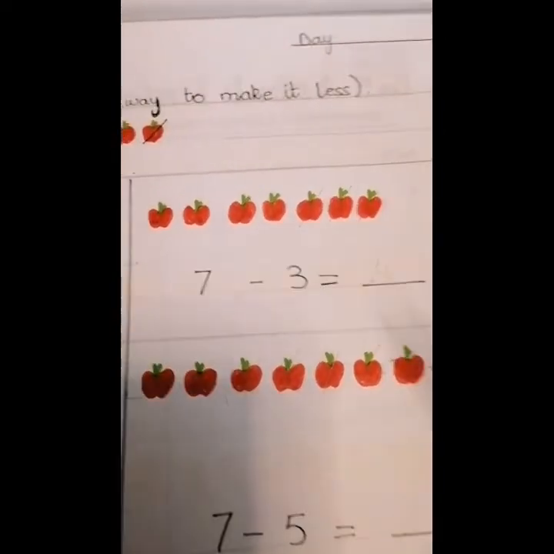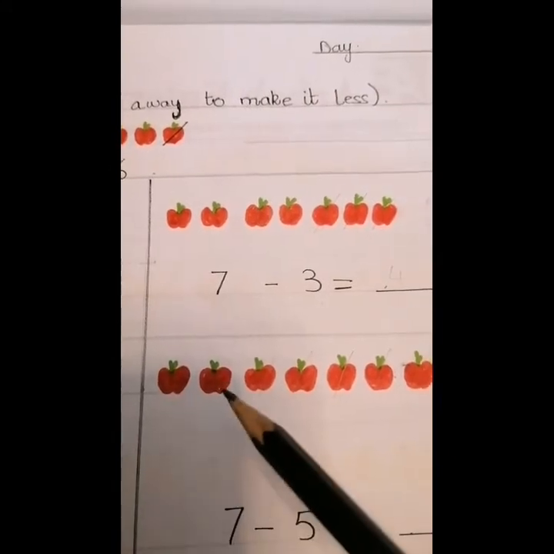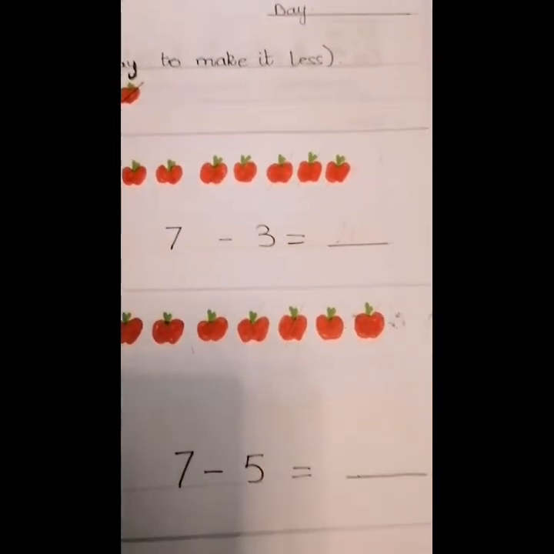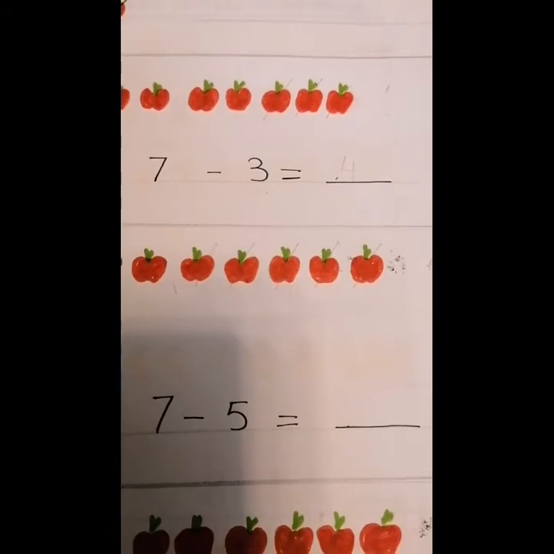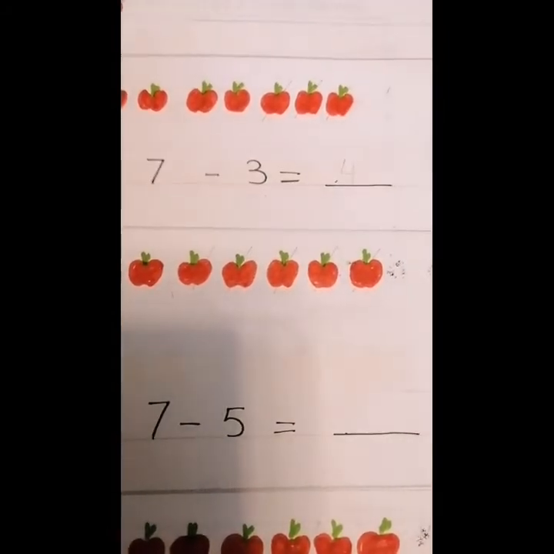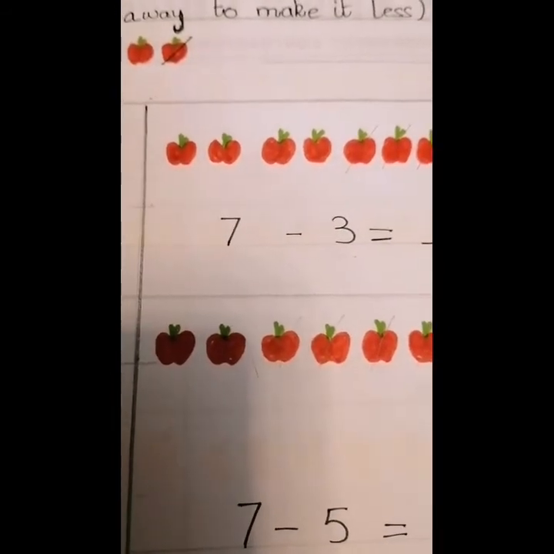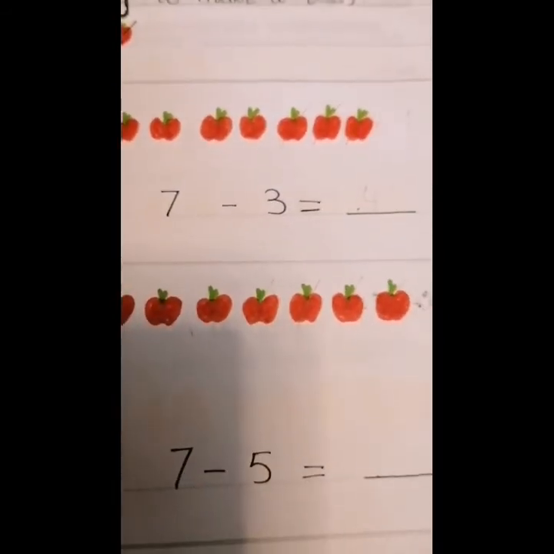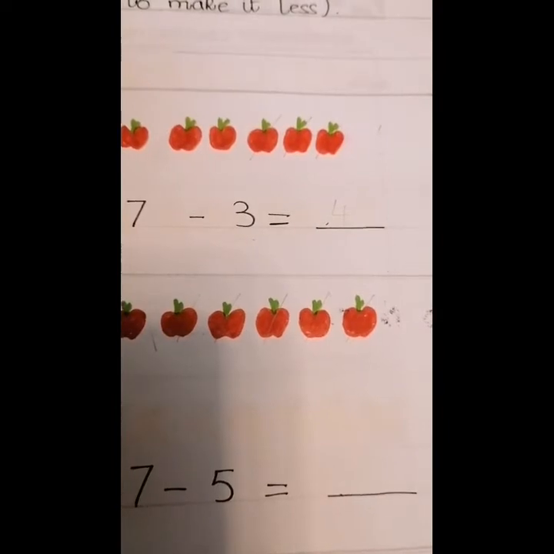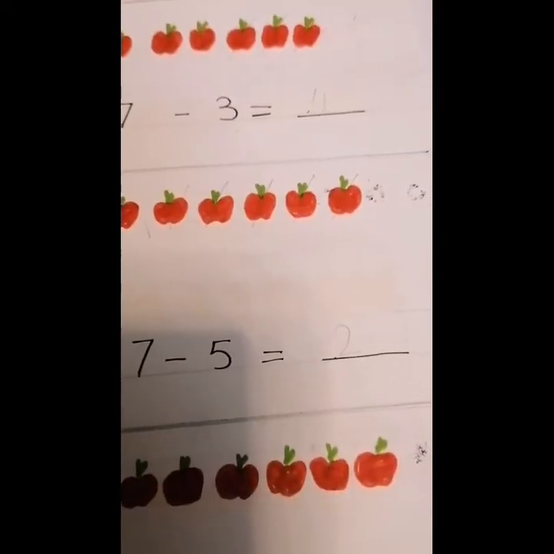And how many apples are we left with? 1, 2. We're left with 2 apples. If we give away 5 apples out of 7 apples, we will be left with 2 apples. So 7 minus 5 is equal 2.